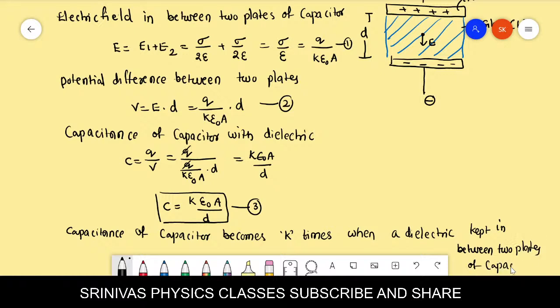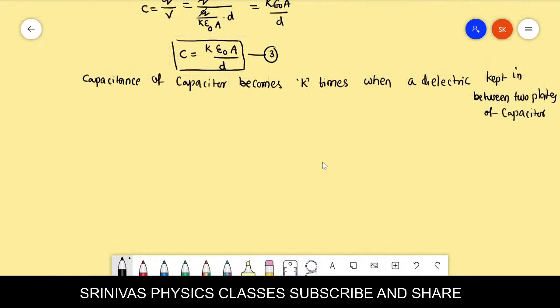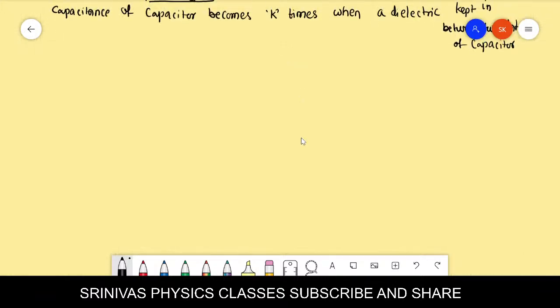If we introduce a dielectric substance, the capacitance becomes K times. Okay, right. And let us see some note points. That is in the note. This is a little note.